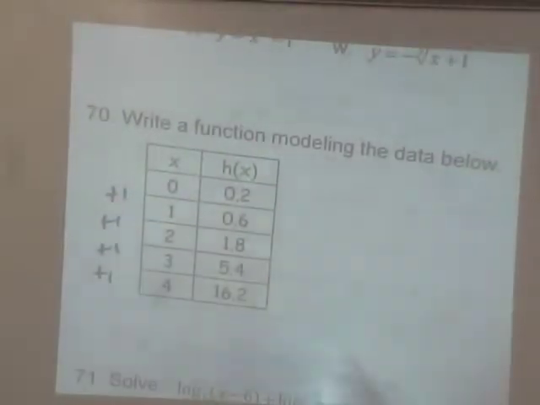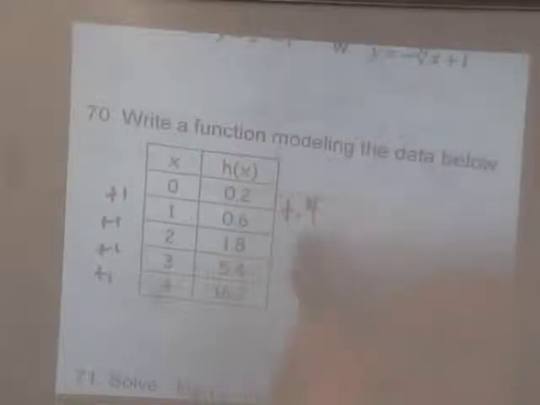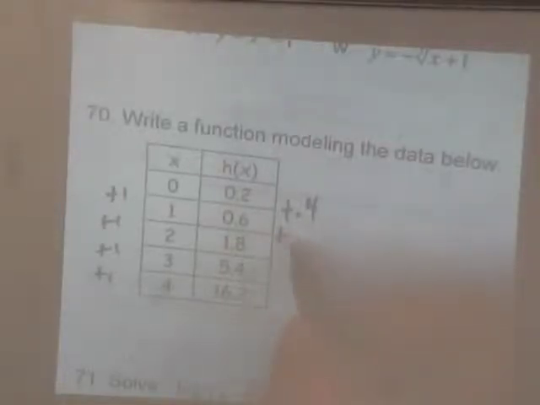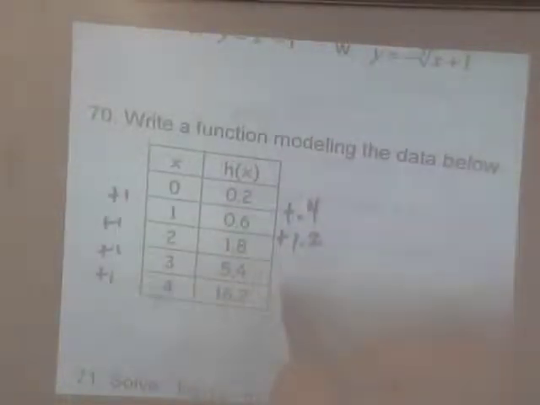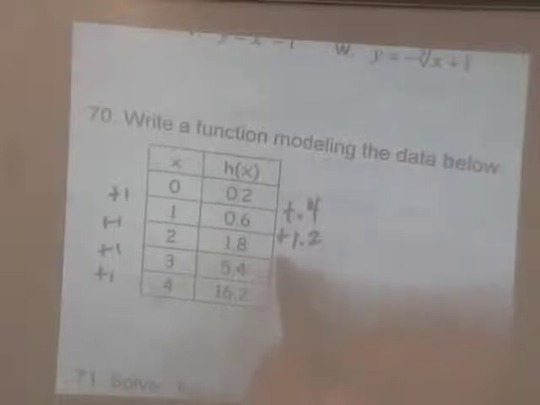What about my y values? Plus 0.4. And then it goes to 1.2. And then 3.6.